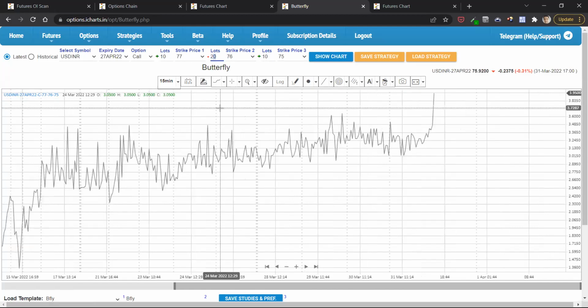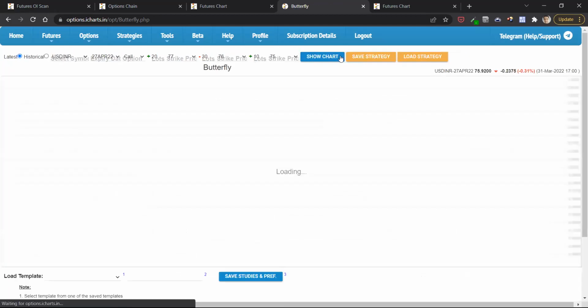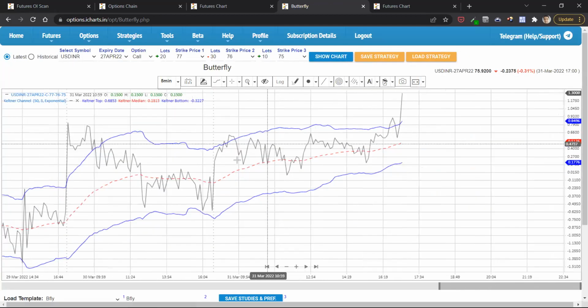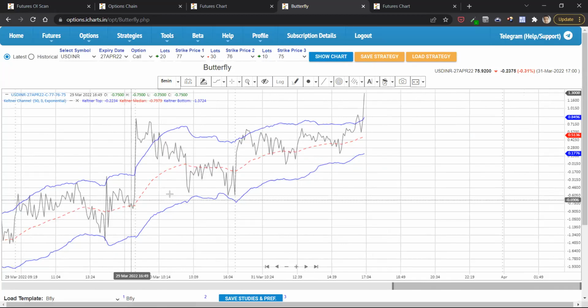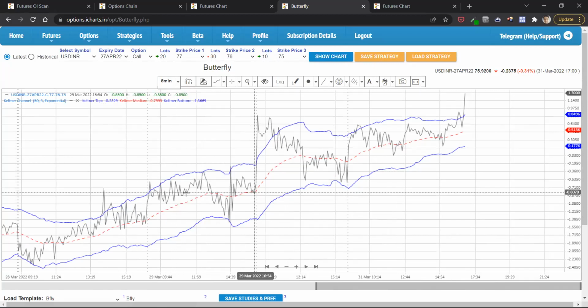Broken wing butterfly, full butterfly, it is up to you. This is not broken if it is going to the upper side. This shows upper, but this is actually now a bearish butterfly.